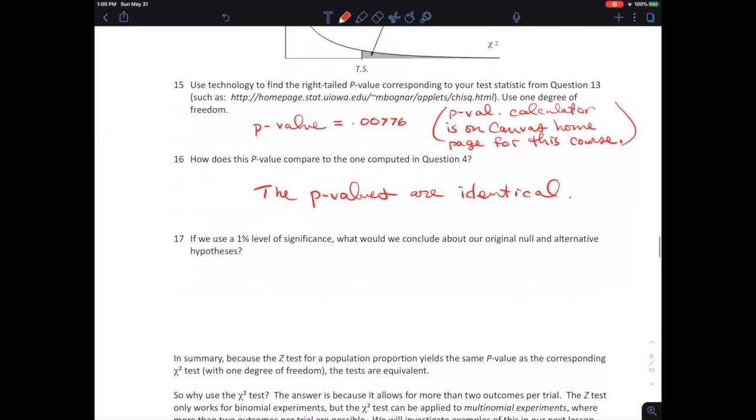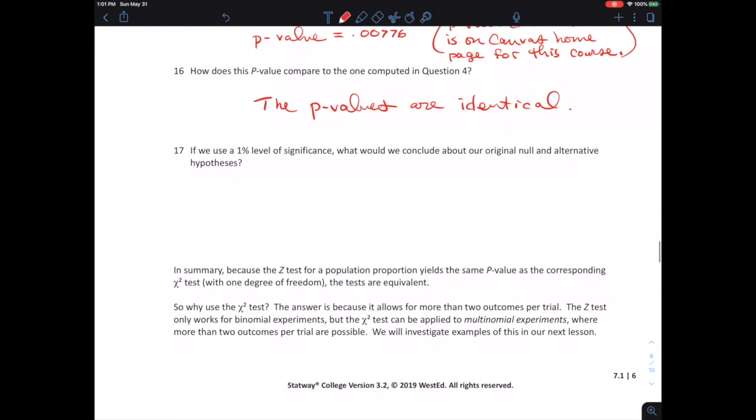Any conclusion that we would have made with one hypothesis test would always be the exact same conclusion for the other hypothesis test. If the p-values are the same, you're always going to make the same decision. So if we use a 1% level of significance, what would we conclude about our original null and alternative hypotheses?